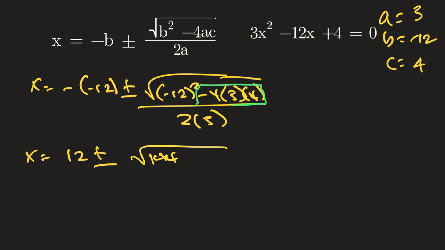Negative 4 times 3 times 4. You've got to multiply all three of those things together. Negative 4 times 3. Negative 12. And negative 12 times 4. Negative 48. Good. All over 2 times 3, which is 6.